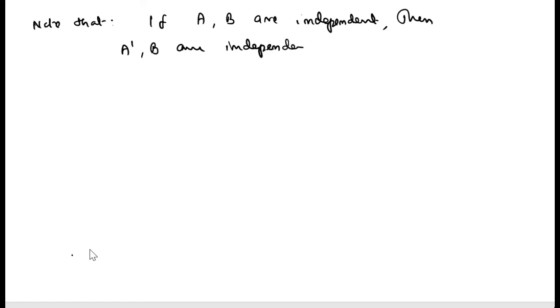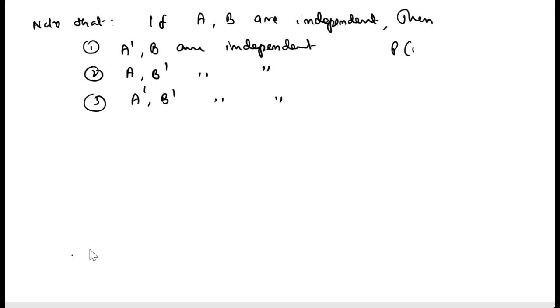If A and B are independent, then A complement and B are independent, A and B complement are independent, A complement and B complement are independent.